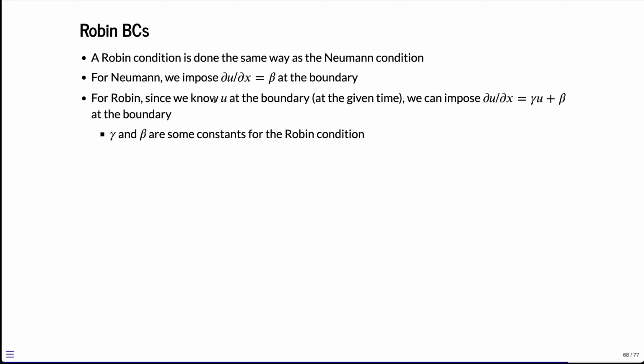For Robin, since we know u at the boundary at any given time, it's really easy to impose a boundary condition that looks like this, since we can take the known u, multiply it by the given gamma, and then add beta to impose the slope, just like we imposed just beta when we had the Neumann condition. So nothing special. You treat Robin basically the same, and you just use the known u at the given time when you're evaluating that Robin boundary condition. Okay, and we'll stop there.